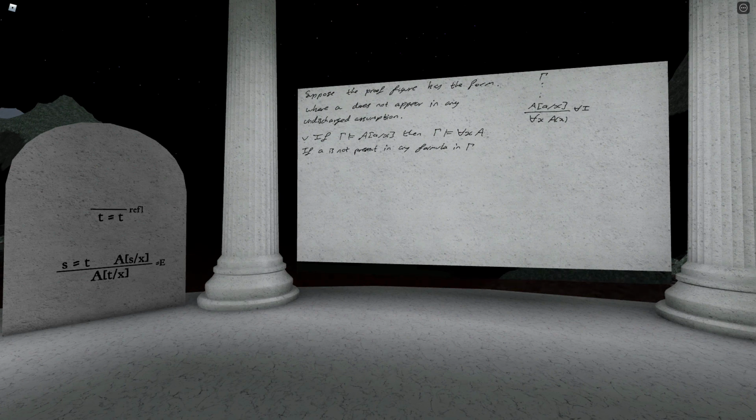So I'm not applying the inductive hypothesis to a proof from gamma to capital A with a for x. I'm applying it to the subproof, which is a proof from just the undischarged assumptions to capital A with a for x. Is the point I'm making clear? I feel like I understand it. Okay, cool. So it suffices to just prove the case where a is not present in any formula in gamma.